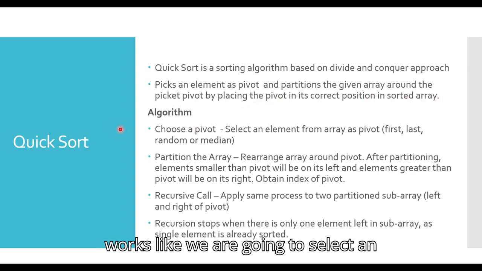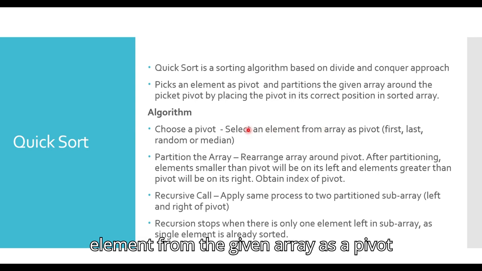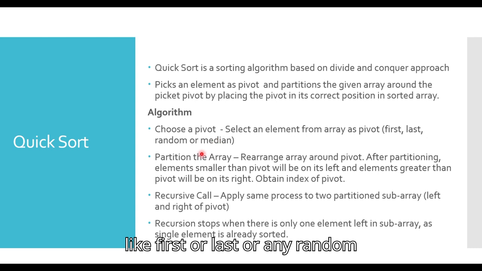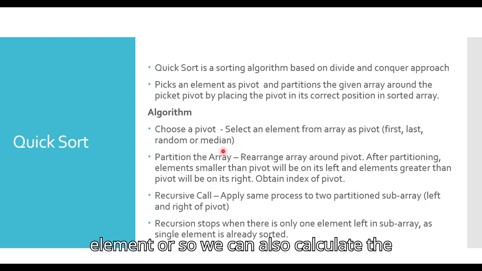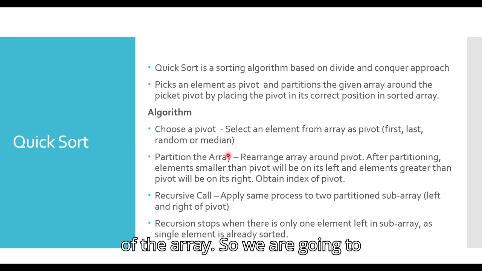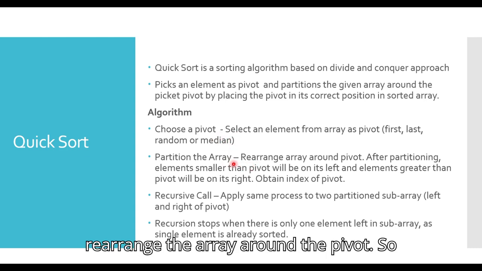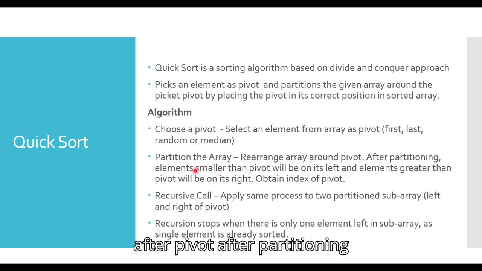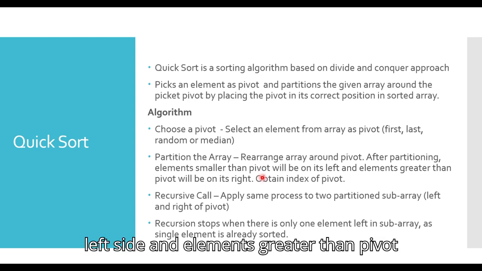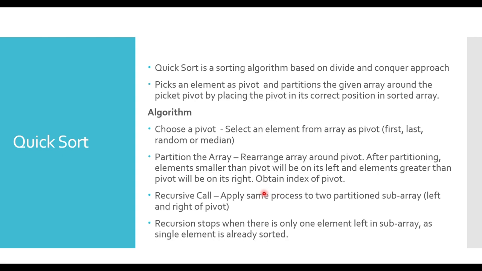So how it works: we select an element from the given array as a pivot, like the first or last or any random element, or we can also take the median of the array. Then we rearrange the array around the pivot. After partitioning, the elements smaller than the pivot will be on the left side and the elements greater than the pivot will be on the right side.